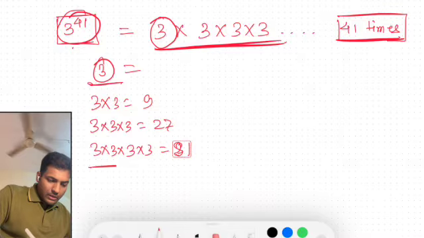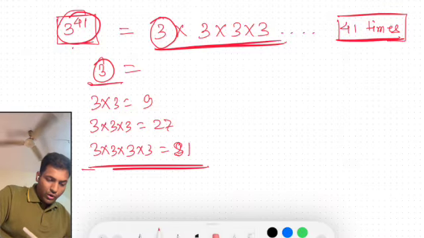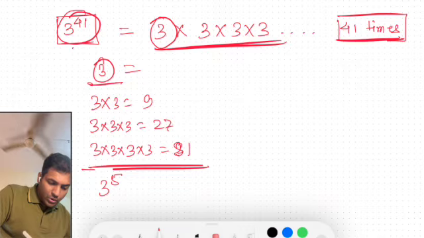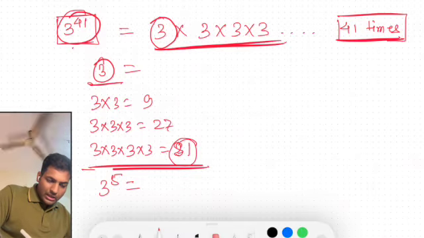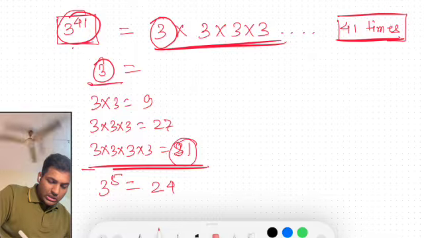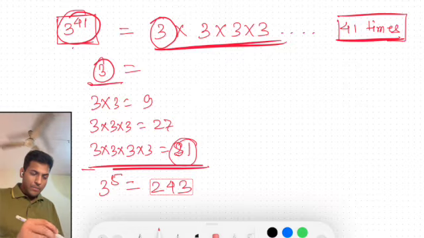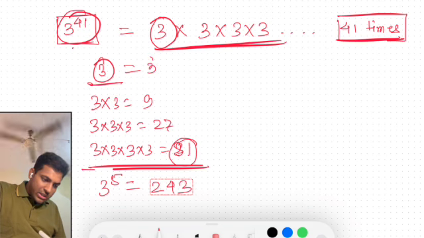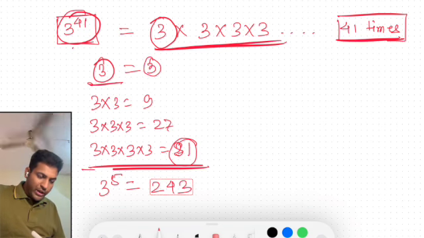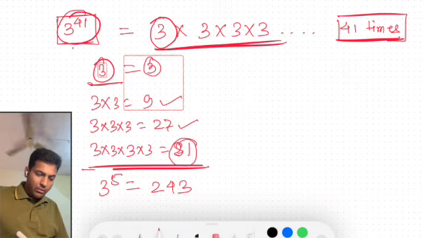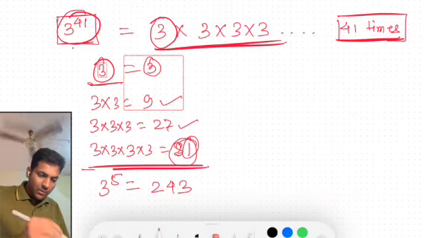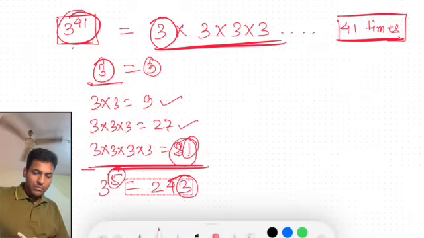If you do 3 to the power 5, that will be 81 into 3, which is 243. Now you see, initially the unit digit was 3, then at power 2 the unit digit was 9, at power 3 the unit digit was 7, at power 4 the unit digit was 1, and again at power 5 the unit digit is 3.